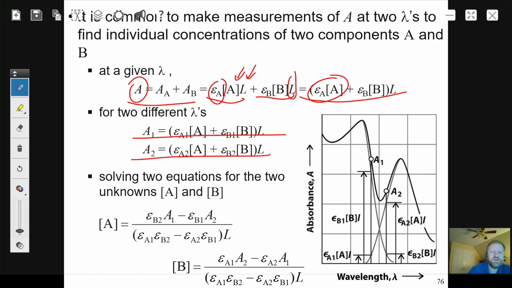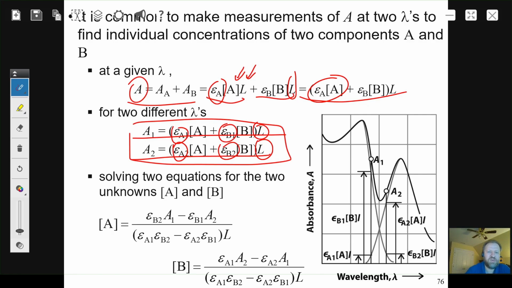And remember, the absorbance depends on the wavelength because the molar absorption coefficient depends on the wavelength. So now we have two equations for two unknowns. Well, we know L. We know the molar absorption coefficients. We measure absorbances, so it allows us to determine the concentrations of species A and B.